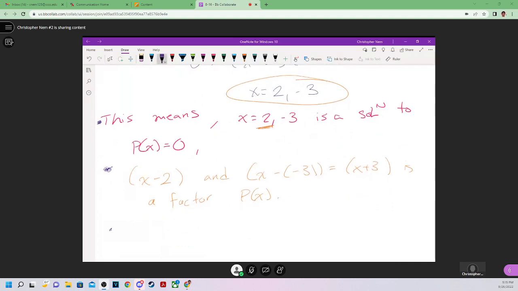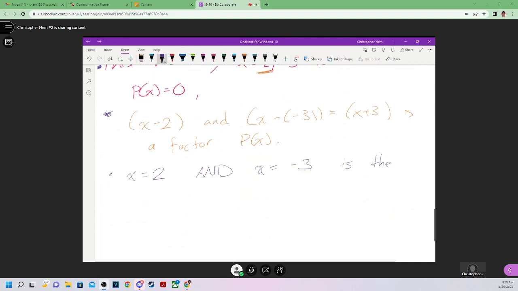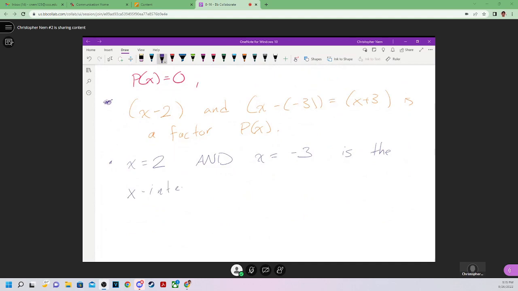Well, this also means that x equals 2 and x equals negative 3 are the x-intercepts of P of x. And the last thing is that we can say 2 and negative 3 are zeros of P. Why do they call them zeros? Because if I plug them in, I get 0. That's the idea. That's why we call them zeros.